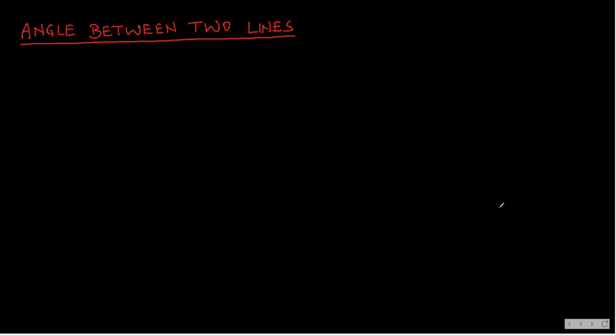So the next concept we will take is angle between two lines. Now, how do we find the angle between two lines? This is a very simple concept. It is so simple that even if this is not discussed and a question is asked, on your basic intelligence, you would be able to solve such a question.